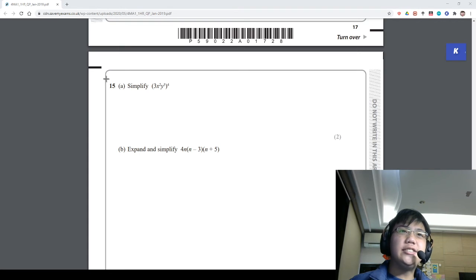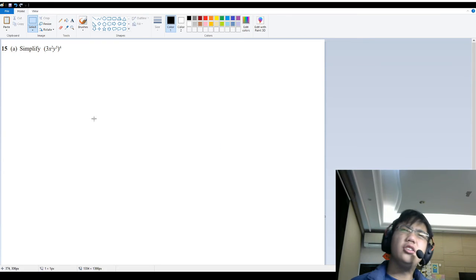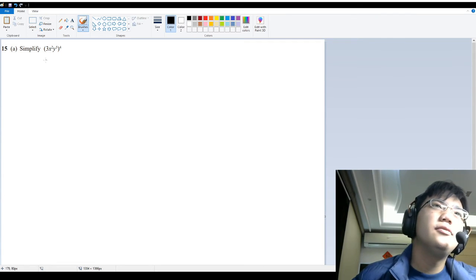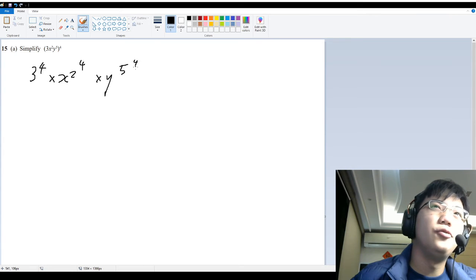So part A, we need to simplify 3x squared y to the power of 5 to the power of 4. So to simplify this, we just simply get 3 to the power of 4 times x squared to the power of 4 times y to the power of 5 to the power of 4.